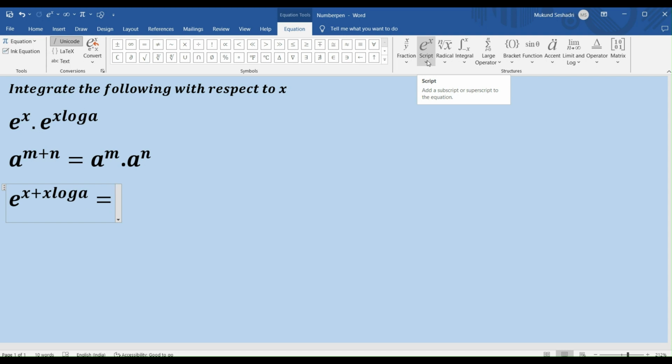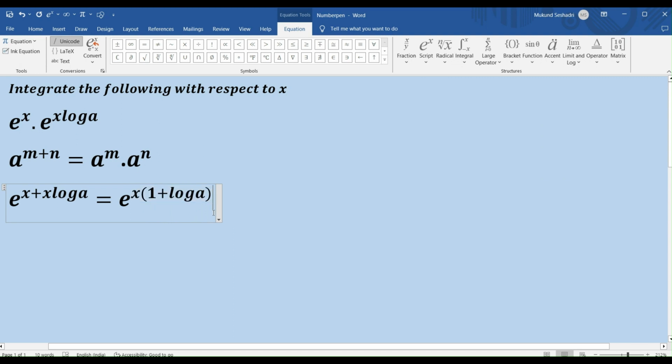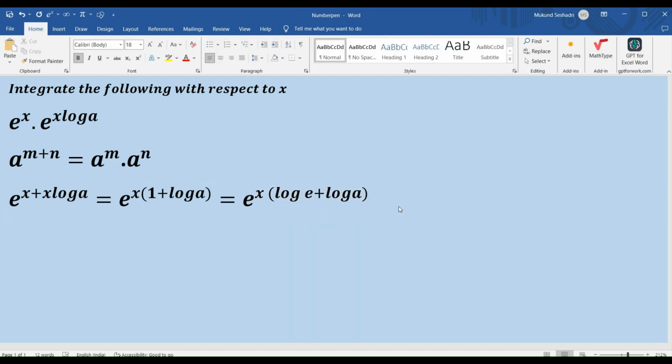So I can pull out the x and rewrite this as 1 plus log a times x, right? And I know that my 1 is nothing but log of e, right? So I can rewrite this as e to the power x times log of e plus log of a, right?